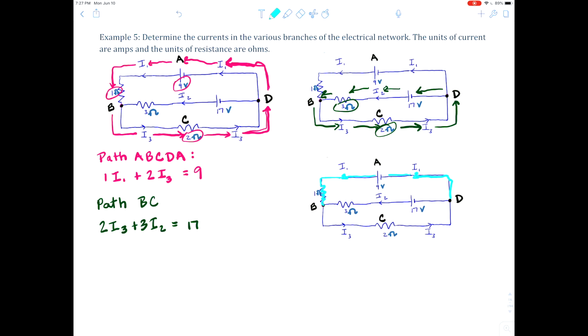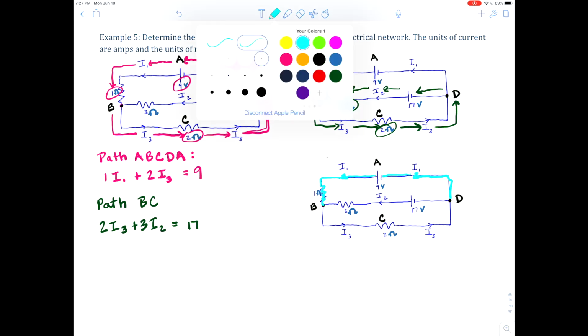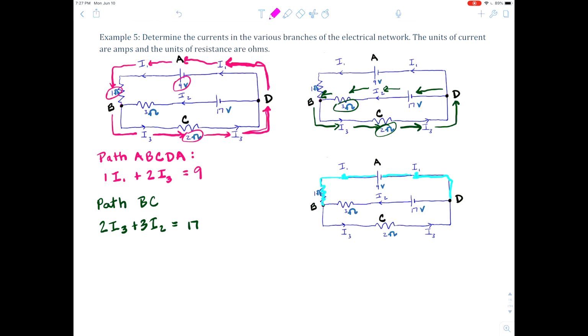Now, the I2 is going this way along here, and that's going into I3. If all that's going into I3, then the sum of it has to equal I3. Make sense? That's going to give us I1 plus I2 equals I3.